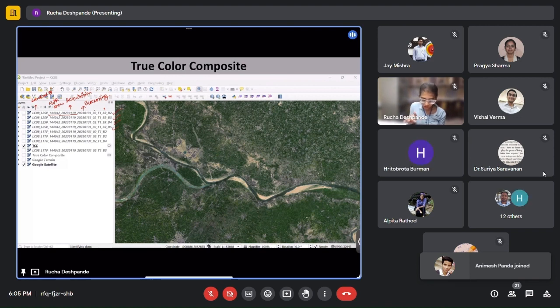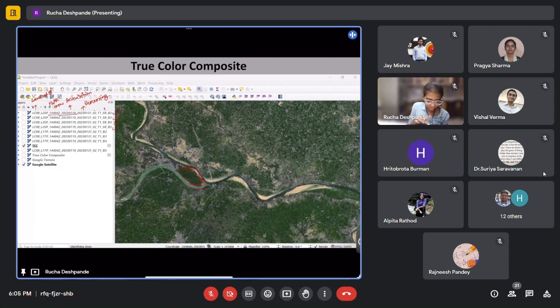So this true color composite shows that within this patch we have all the water pixels. This green patch over here is the vegetation, and this is another river. These are also the water pixels.